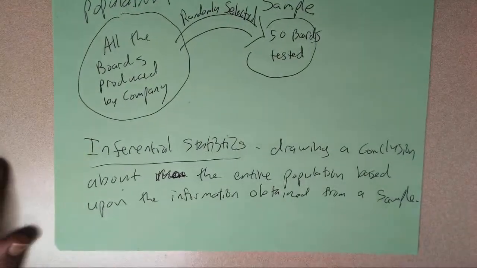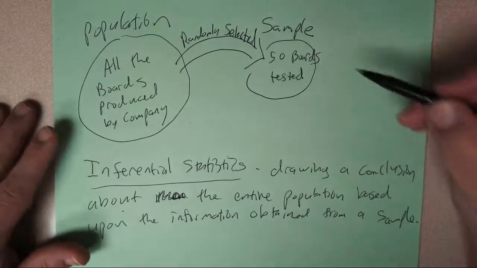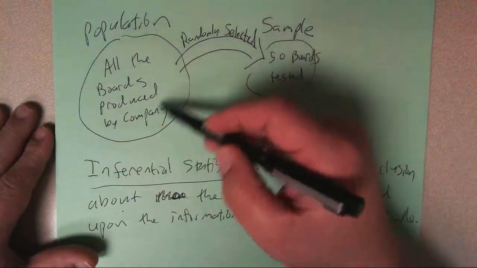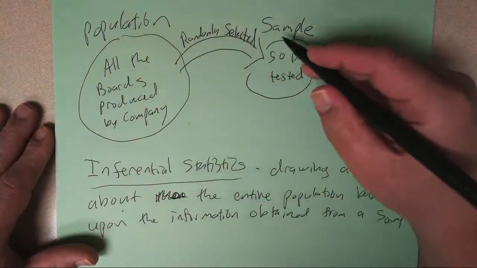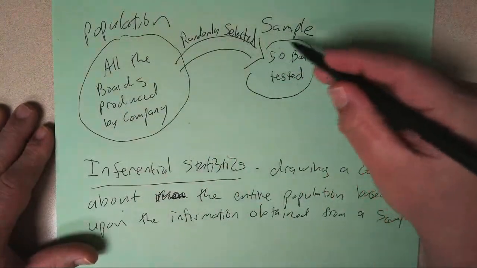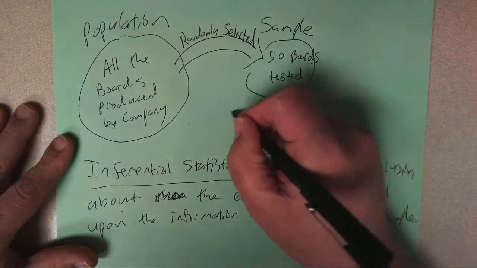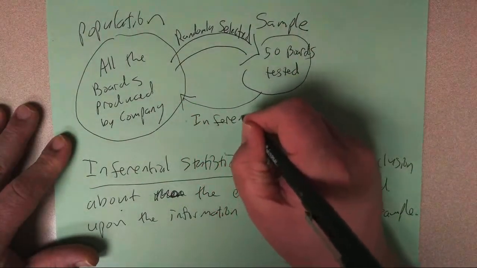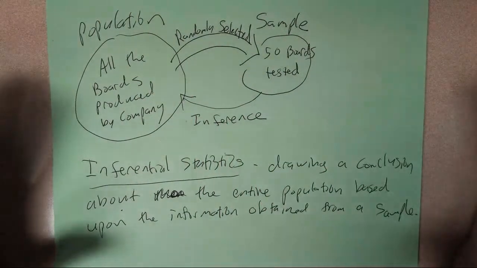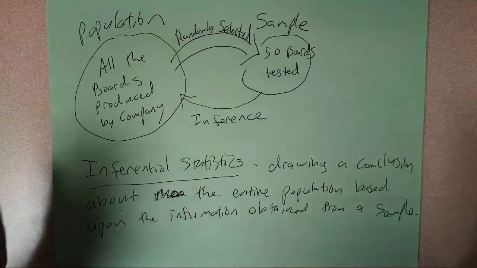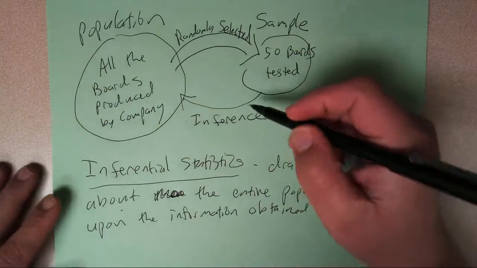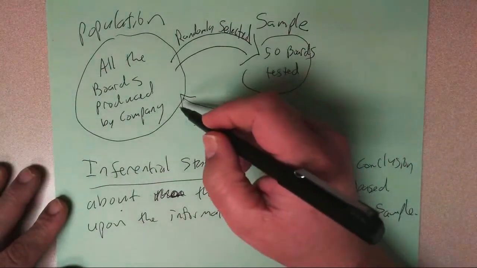So with inferential statistics, you're going to draw a conclusion about the strength of all of the boards by studying the sample and making an inference. An inference is when you don't have the full picture, but based upon the information you do have and your understanding of how things are related, you can infer.